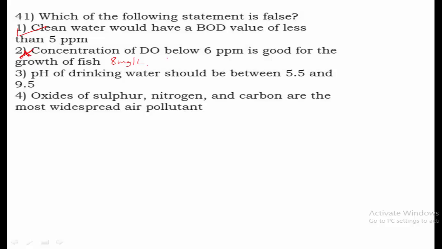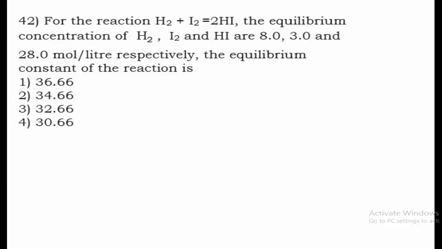Below this value fishes become susceptible to disease, and at 2 mg per liter or below it is harmful to fishes. Hence option 2 is the right answer, since the statement is wrong.